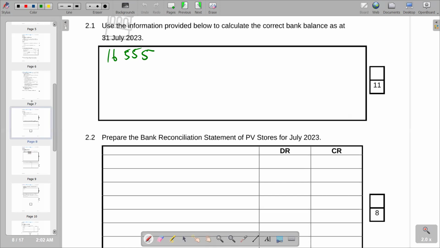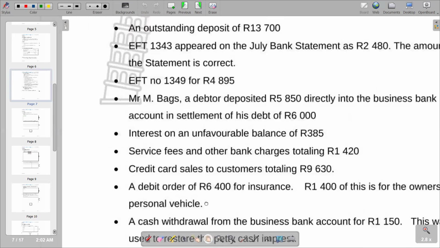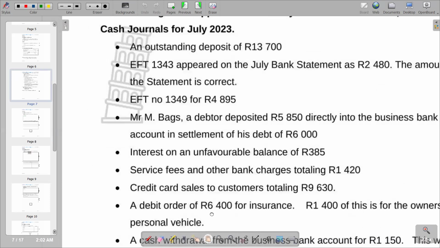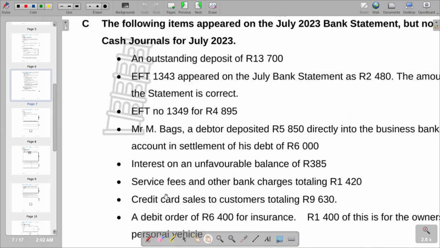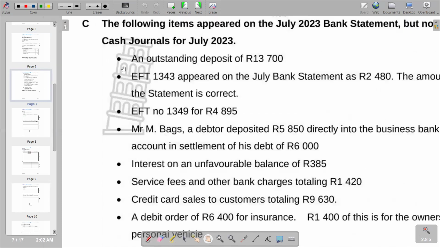We are told that before taking the items below into consideration, we've got items that we need to go through that are going to lead us to the final balance of the bank.